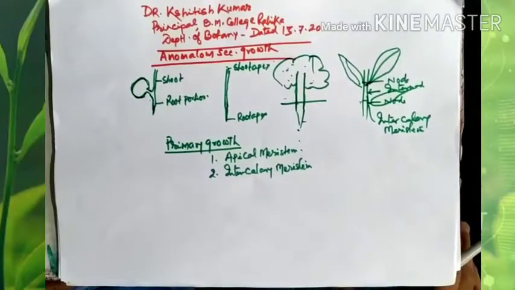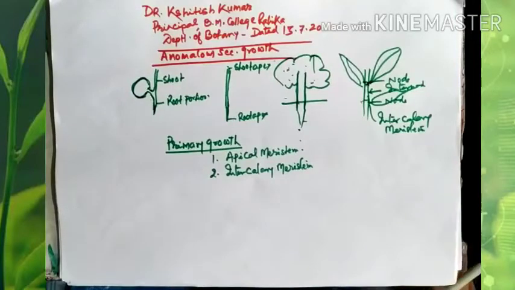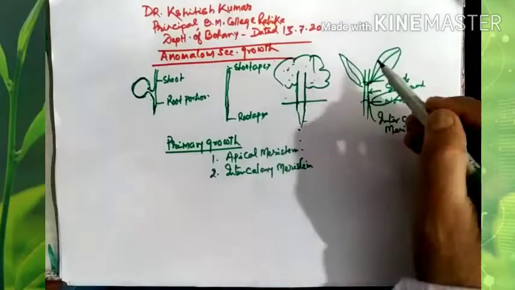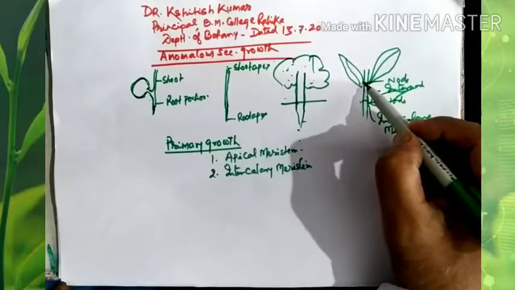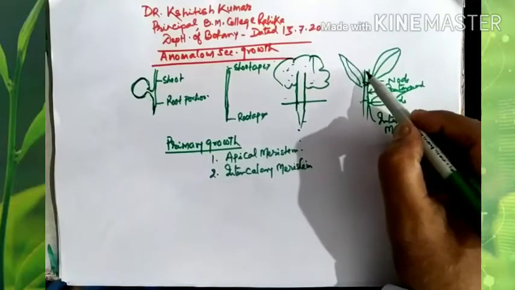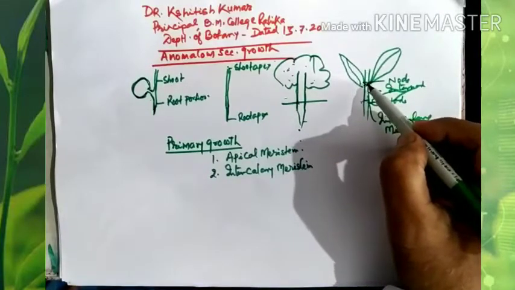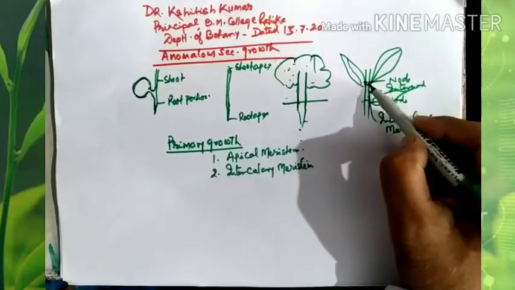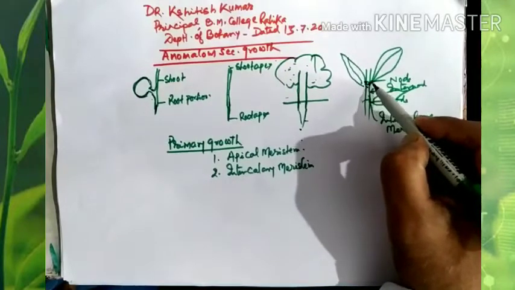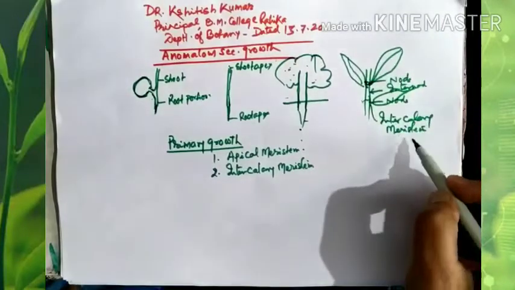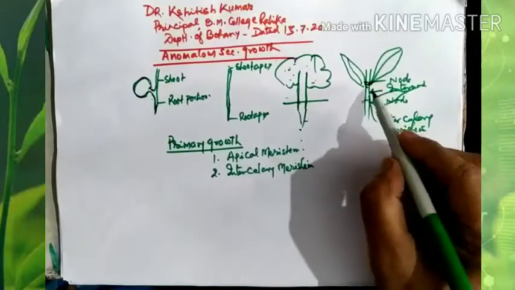Actually, the intercalary meristem is the part of the apical meristem. When the length grows, some meristematic tissue is left behind from the apical meristem, and this portion of the meristem, which is just below the internode or at the base of the leaf, is known as the intercalary meristem.